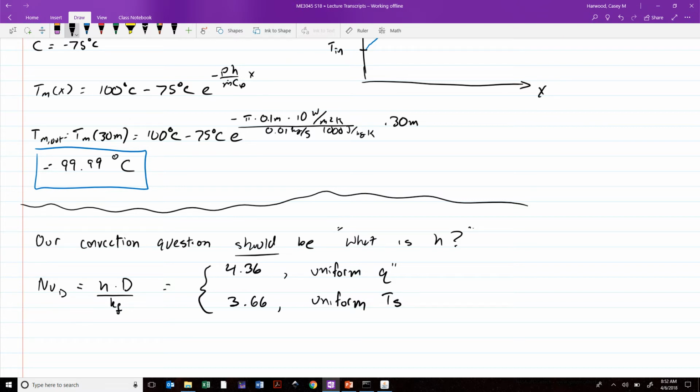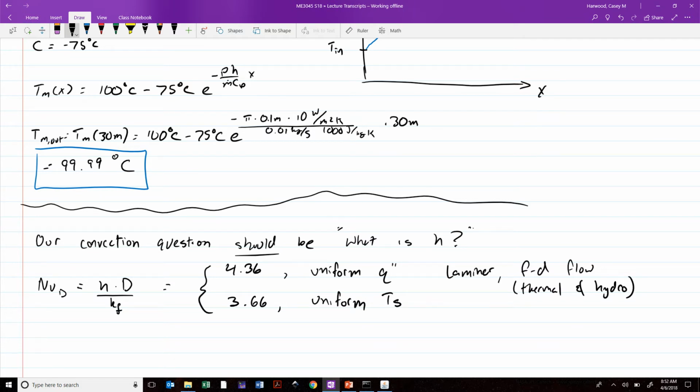That's pretty nice. We just got single numbers to deal with. But this is for only laminar fully developed flow. And by fully developed, I mean thermal and hydrodynamic.